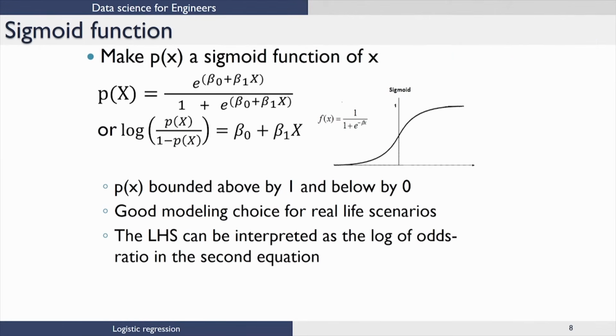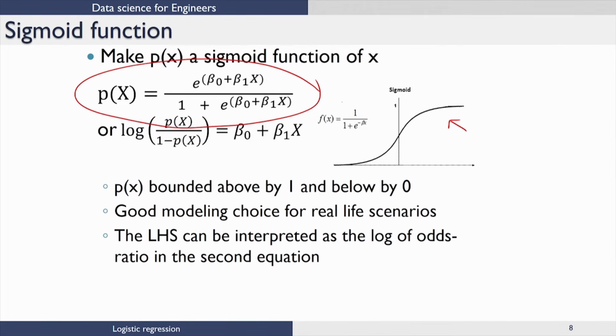The next idea is to write p of x as what is called a sigmoidal function. The sigmoidal function has relevance in many areas. This is a function that is used in neural networks and other very interesting applications. So, the sigmoid has an interesting form which is shown here. Now, let us look at this form right here.